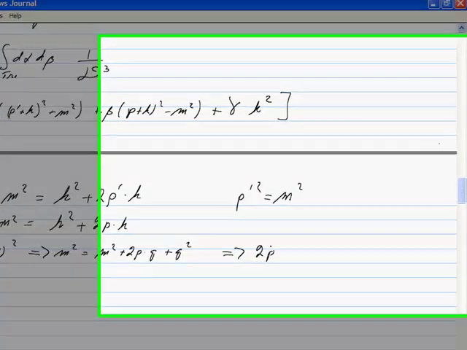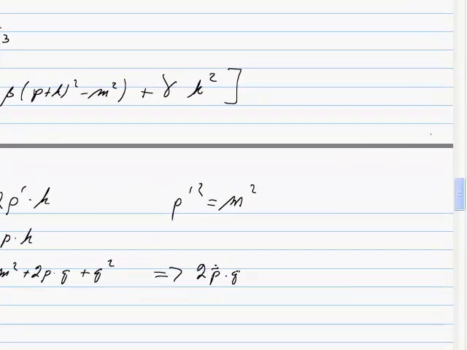This implies 2P dot q equals minus q squared. Likewise, 2P prime dot q turns into plus q squared. We're going to end up dropping all q squareds.